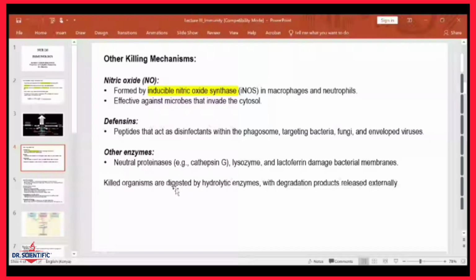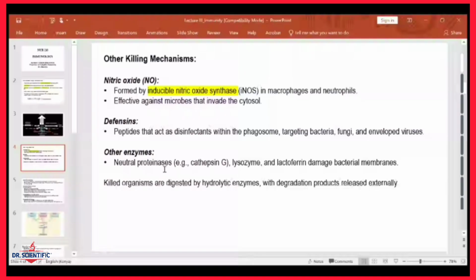Most of these include neutral proteinases. You know what proteinases are? These are enzymes that are able to break down any proteinous components. If they are rich in a particular amino acid like serine, it would be a serine protease. If it's lysine, it would be a lysine protease, and so on.